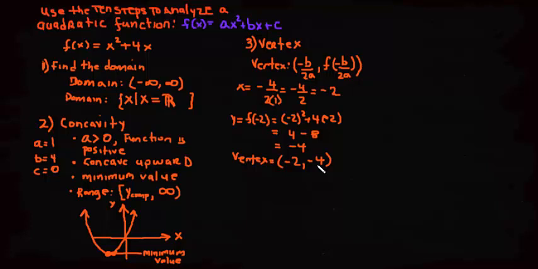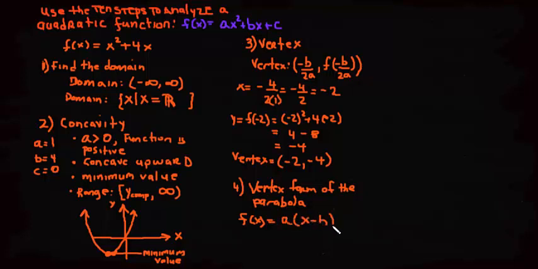So our next step is going to be to find the vertex form of a parabola. So the fourth step, the vertex form of the parabola. We have f of x is equal to a times x minus h squared plus k.